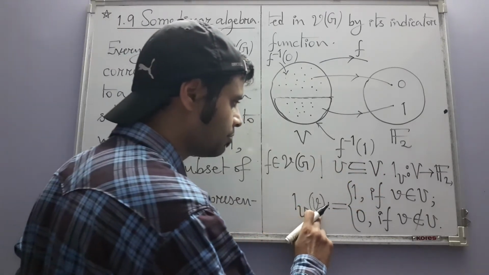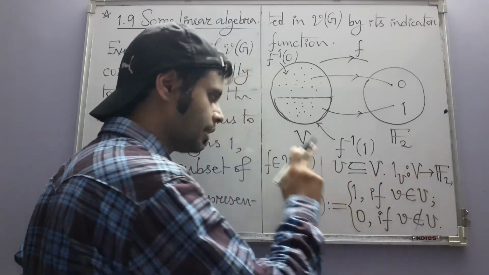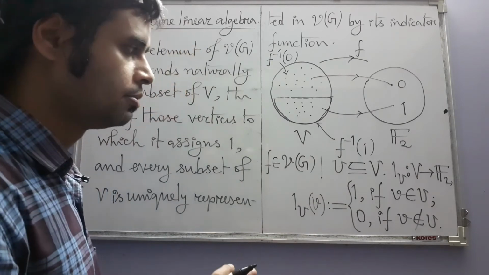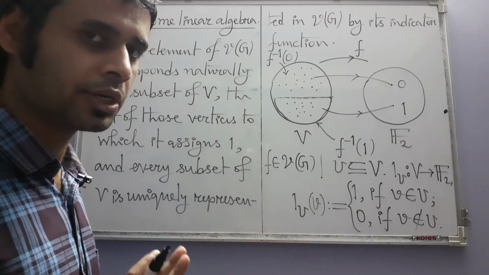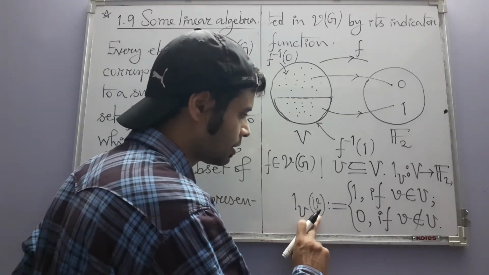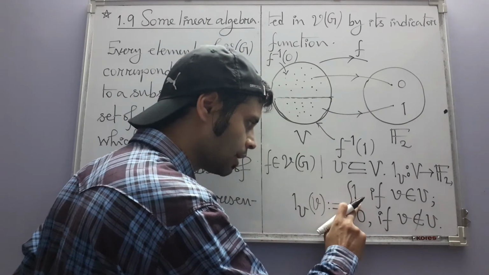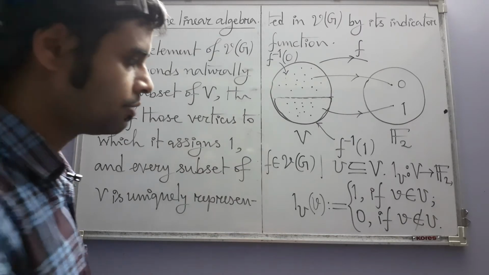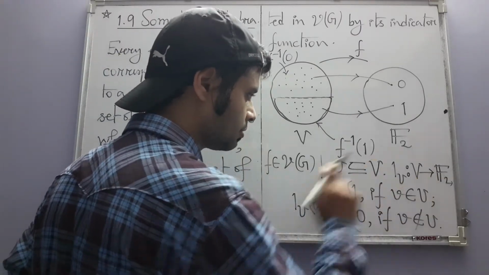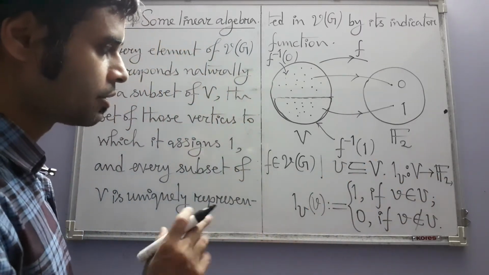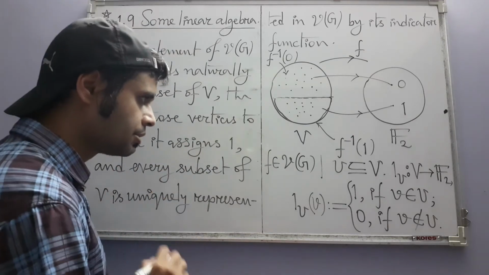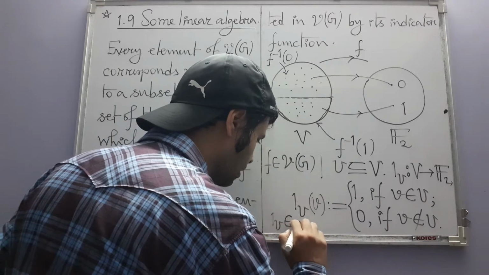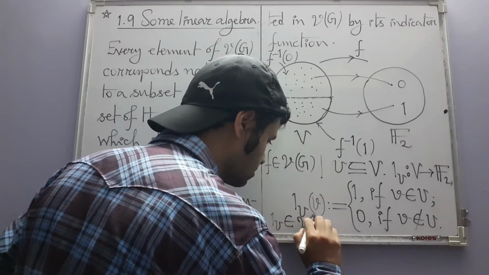You take any element V from V, that element is either in U or not in U. Exactly one of these two possibilities is true. So the value is either just 1 or 0. So you are getting a unique value, and that value of course is in your field. So this is a well-defined function. So this indicator function 1U is in fact in your vector space.